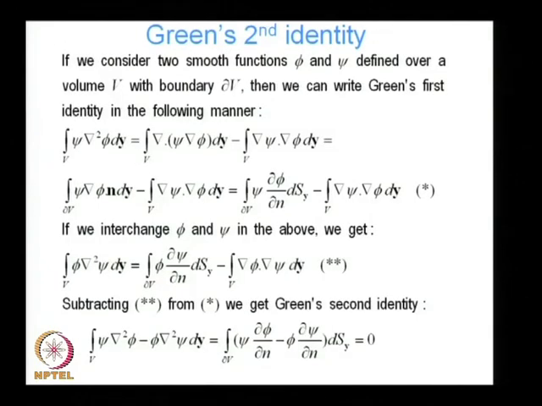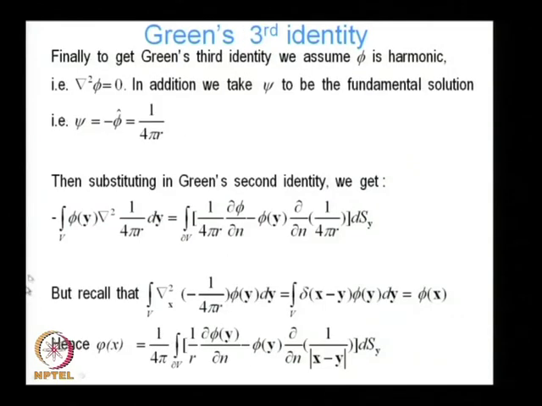Well, I have psi Laplacian of phi. I have assumed that Laplacian of phi is equal to 0. So, this first term is going to give me 0, and then I have minus phi Laplacian of psi dy.